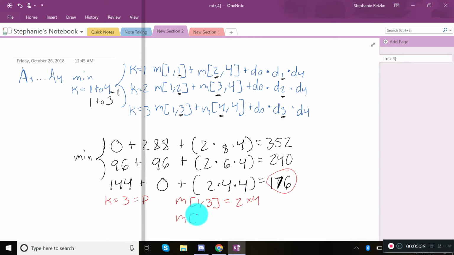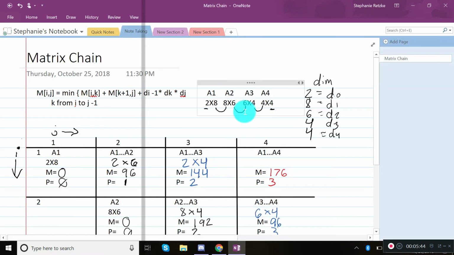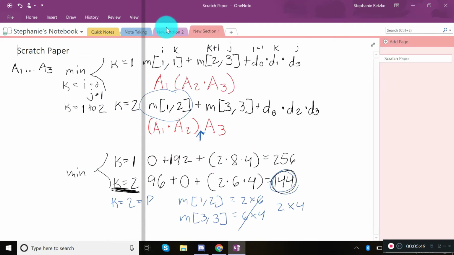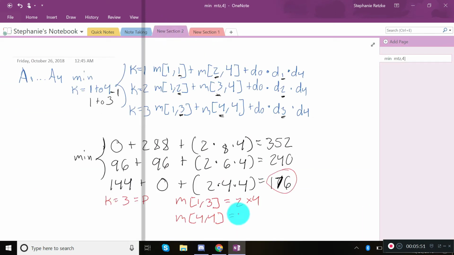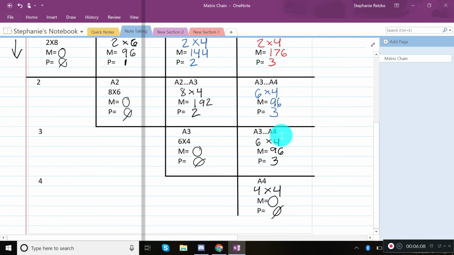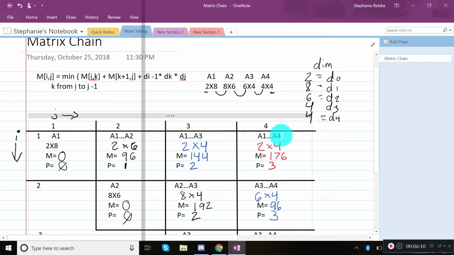M at 4, 4 is, let's see, a 4 by 4. Wrong page. It's a 4 by 4. Get rid of the like dimension, you end up with another 2 by 4 matrix. So this final one is a 2 by 4 matrix. Okay? And this is our fully figured out optimal matrix chain whatever thing.